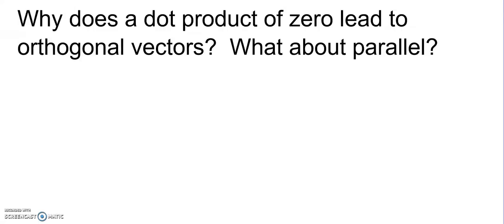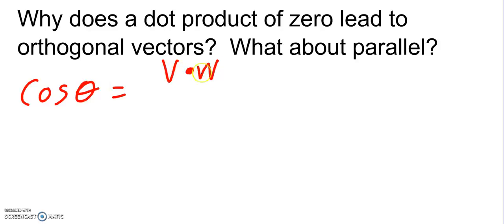So, let's think about how do we determine if something's perpendicular? Well, it has to do with the angle, right? So I know if two vectors are 90 degrees apart, then they would be perpendicular. You also know this relationship between vectors: cosine of theta, where theta is the angle between them, equals the dot product over the product of the magnitudes.